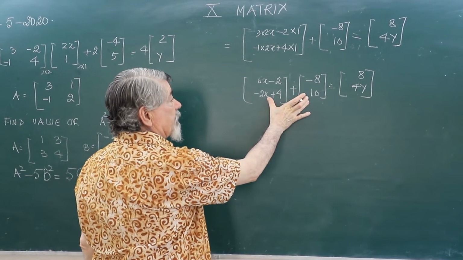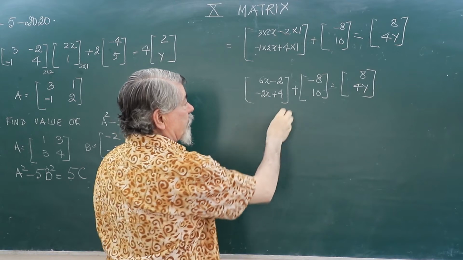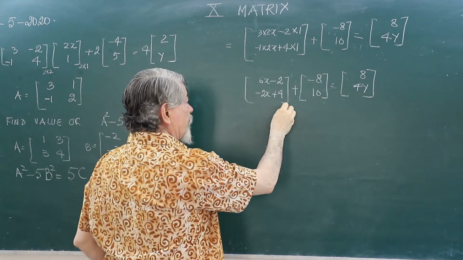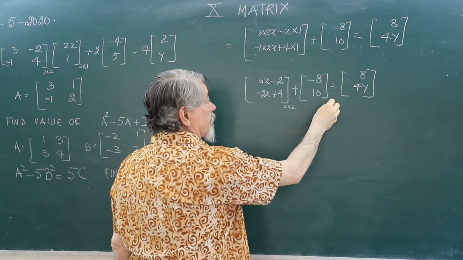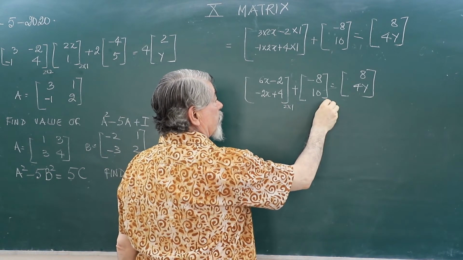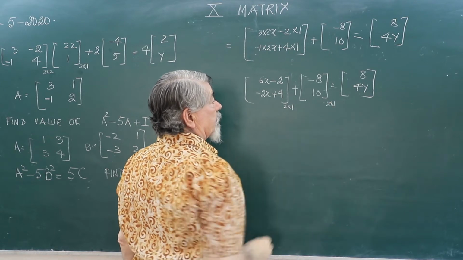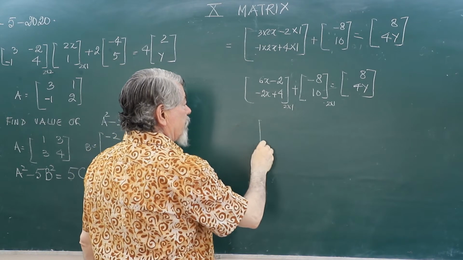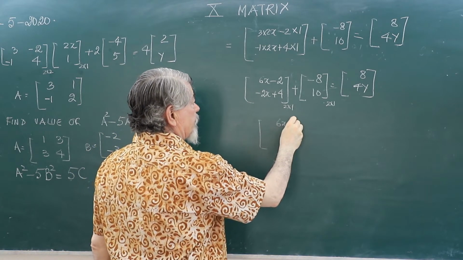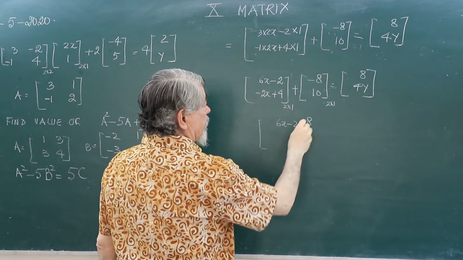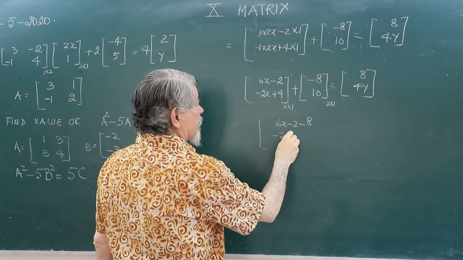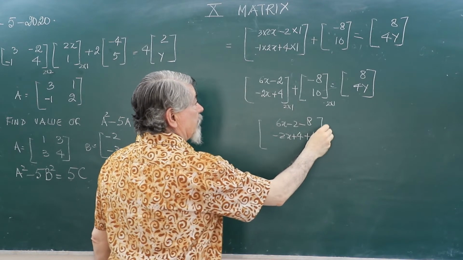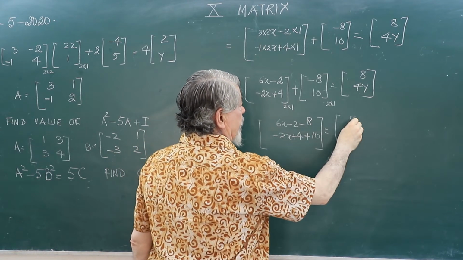Now these two matrices can be added because they are of the same order. What is the order of this matrix? Number of rows into number of columns. So both matrices can be added. That will become 6x minus 2 minus 8, minus 2x plus 4 plus 10, and it will be equal to 8 and 4y.